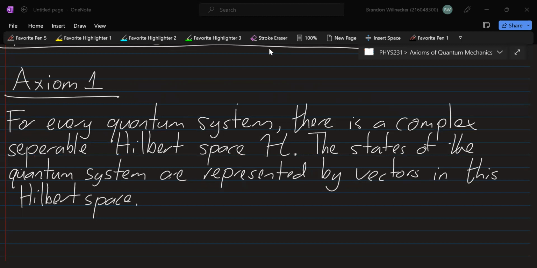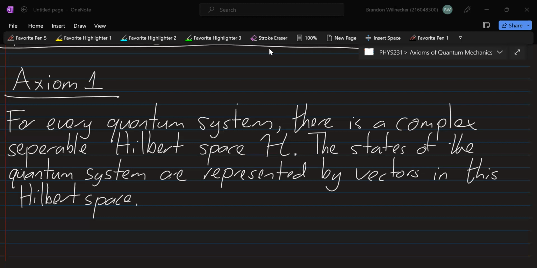In quantum mechanics, it's a similar idea. We have a space of possible states, but instead of a configuration space or a phase space, we use this vector space H. The elements of this vector space describe the system in whatever state it may be in.